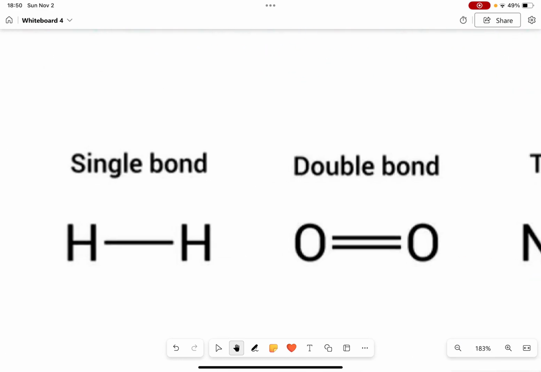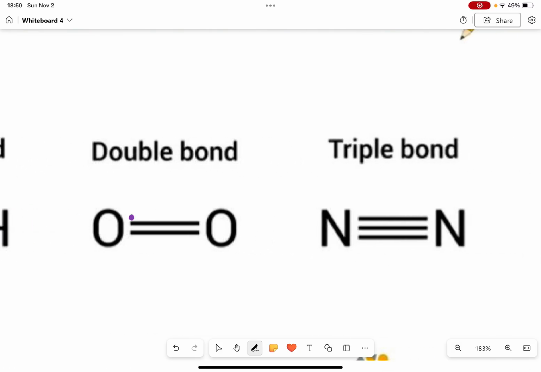So when there is one connection, meaning they each are sharing one electron, so 2 in the bond total, that would be a single bond. A double bond is when each one is sharing 2 with another element.